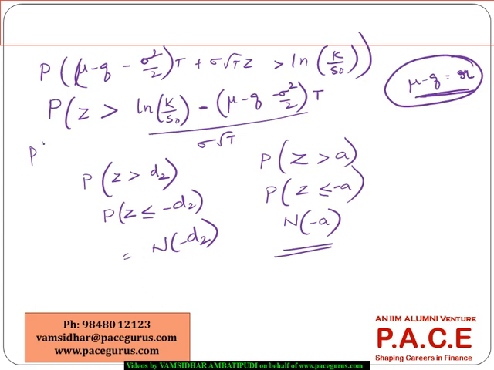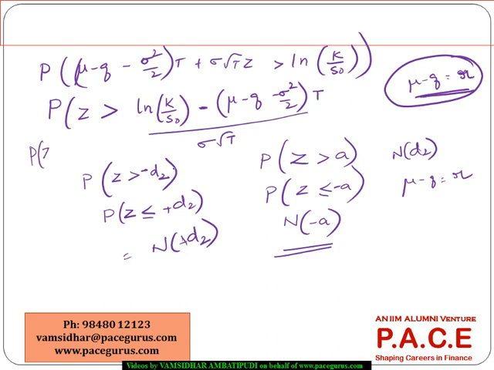So this comes out as probability Z greater than minus d2, otherwise it is less than or equal to d2. So it becomes N of d2. So N of d2 is the probability that the call option will expire in the money only under the condition that mu minus q is equal to r.